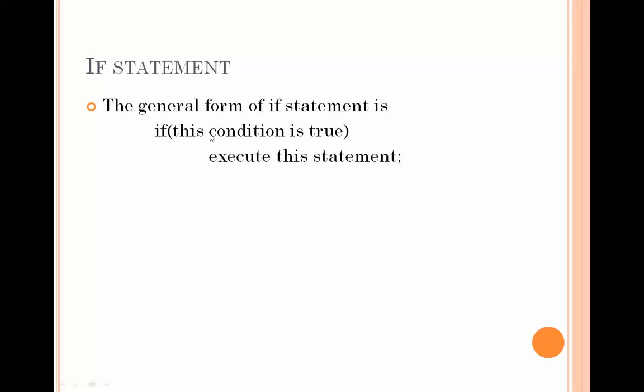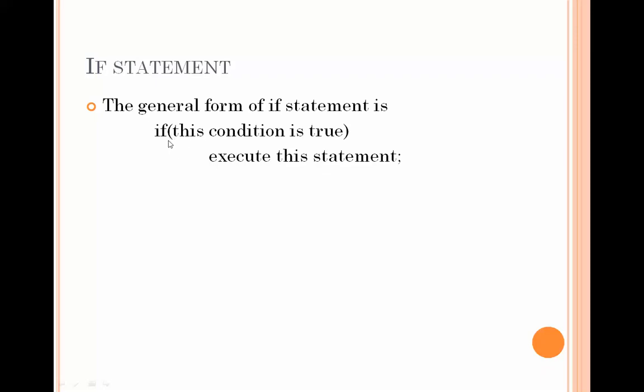Suppose I say if age is greater than 18. This if statement is going to give me an output of true or false. Based on that true or false, the next statement is executed or not executed. So this is the decision. if is a keyword which the C compiler already knows.